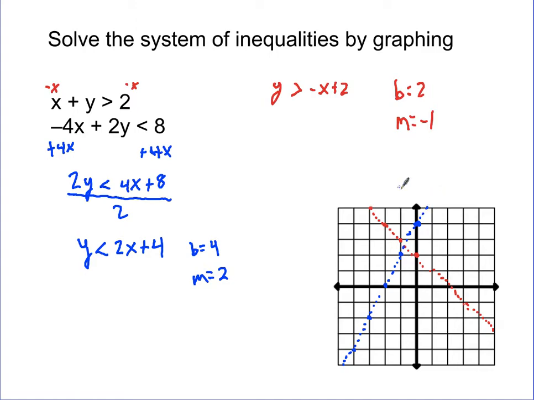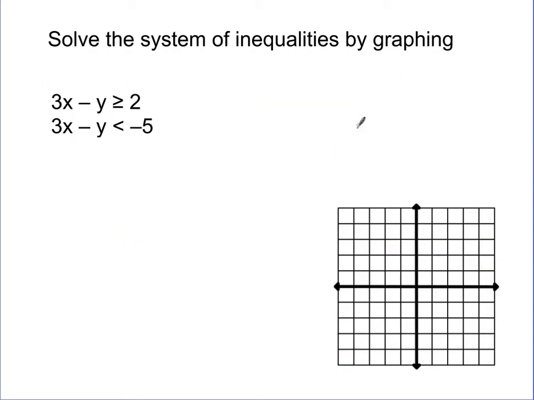Still use a ruler on paper. Okay, so now let's look at the shading. So the red one needs to be above, and the blue one needs to be, it's less than, so it's below. So above the red and below the blue would be this area here. That's the solution.